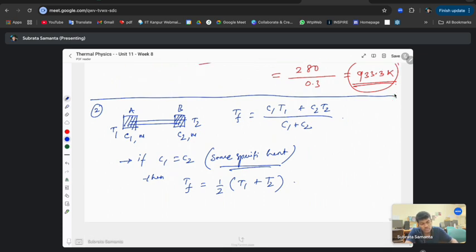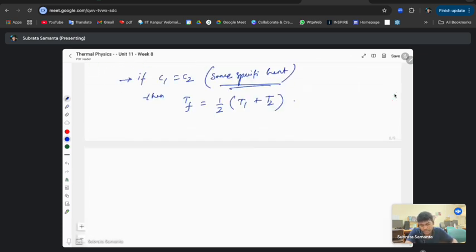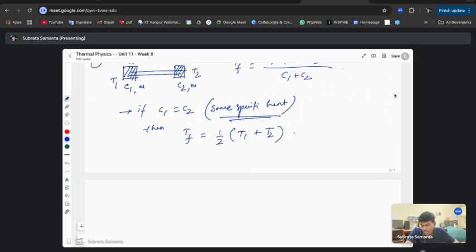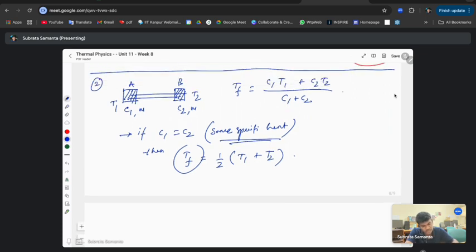So this is the final temperature, the average temperature. In this case, for the change in entropy, this Tf is the final temperature.